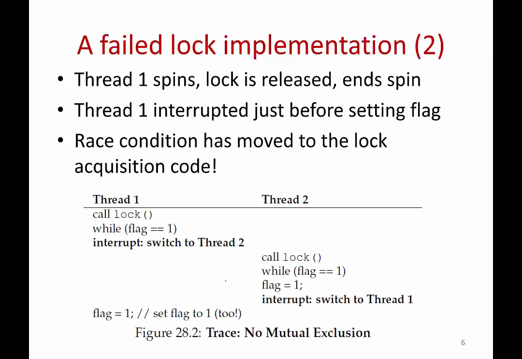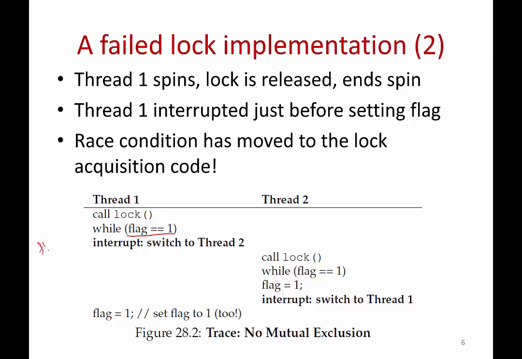The problem is now the race condition has moved from whatever code you're protecting to the lock acquisition. Why? Suppose, let's see what happens. Thread 1 tries to lock. It waits in this while loop, busily spinning for the flag to become 0. And now suppose the lock has been released, and the flag has become 0.